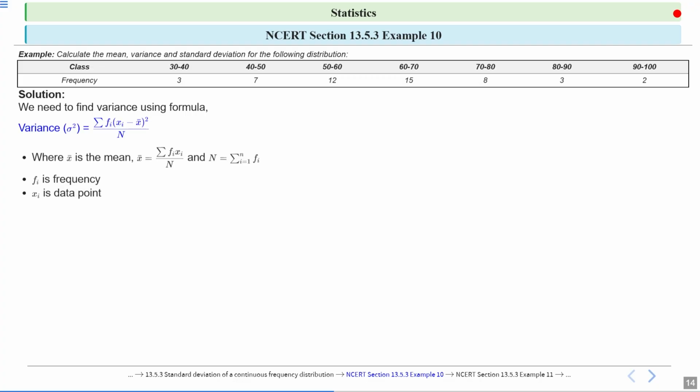So the formula for variance sigma squared equal to sum of fi times xi minus x bar whole square divided by n, where x bar is the mean and x bar is calculated by this formula sum of fi times xi divided by n, and n is sum from i equal to 1 to n of fi, and fi is the frequency and xi is the data point. Now, standard deviation is simply the square root of the variance. So standard deviation sigma equal to square root of variance.